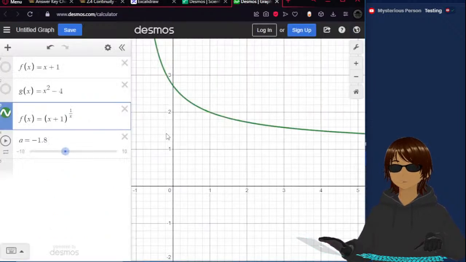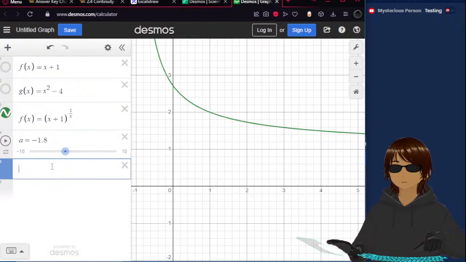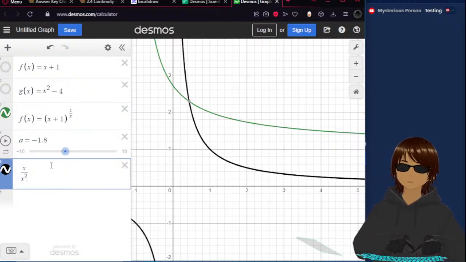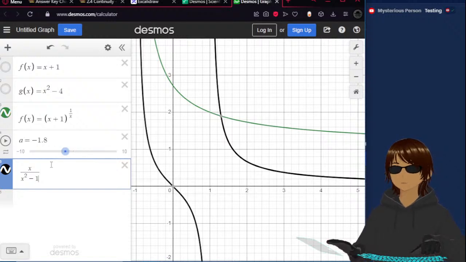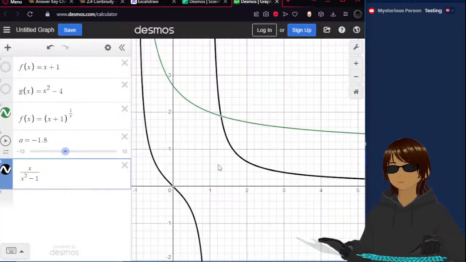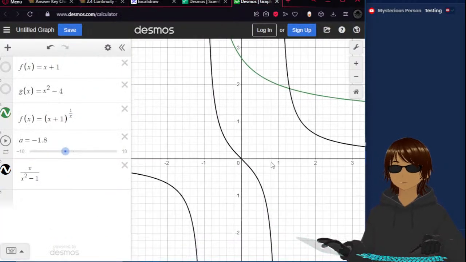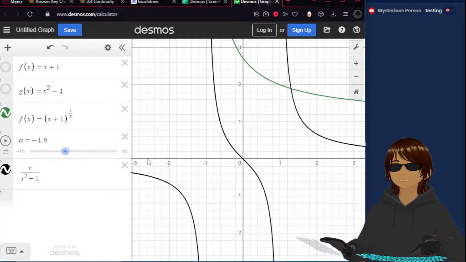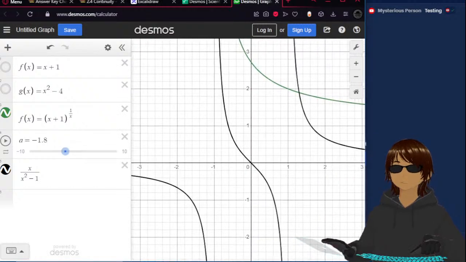I think it's. Let me see. It's all vertical. But I don't know if you're allowed to look at the graph.